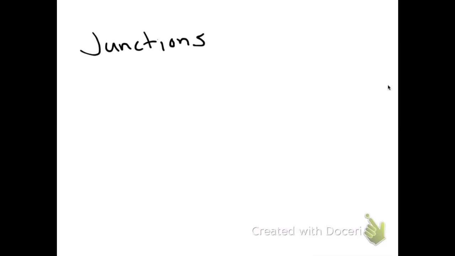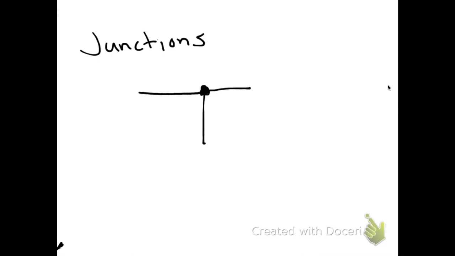So when you're putting together a circuit diagram, you might have a place where you connect multiple wires together, and that's called a junction. And the simplest kind of junction looks like this. You have some wire, and you connect 2 different wires to it. And that dot is the junction.